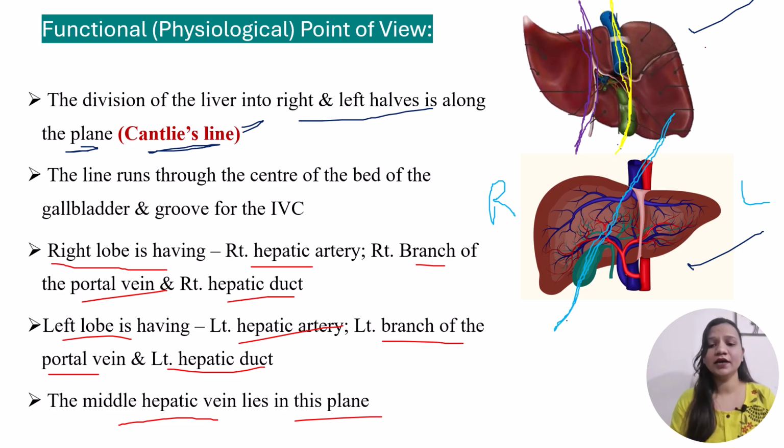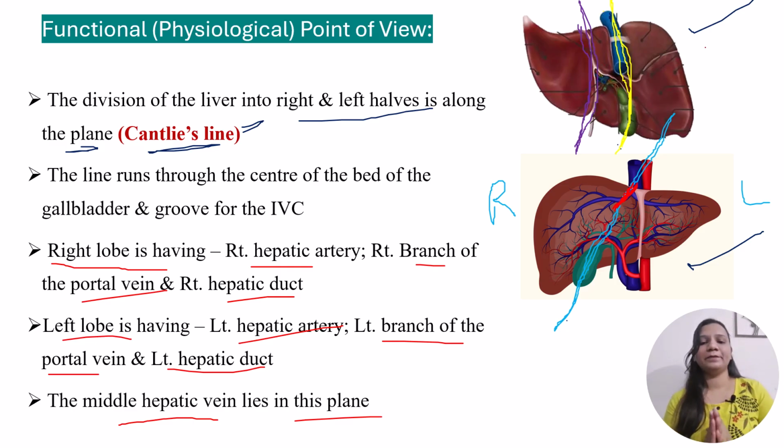And in this Cantlie's line there is the presence of the middle hepatic vein. The middle hepatic vein lies exactly in this plane, and the right and left lobes have the right and left branches respectively.